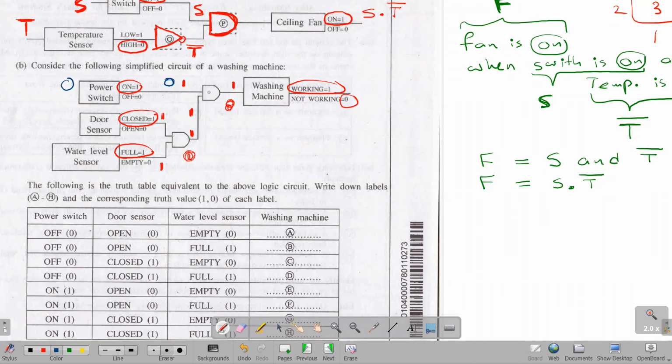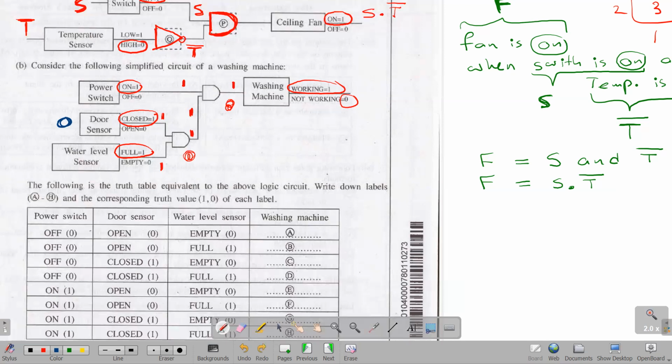So 0 goes through an AND gate means it is going to give you a 0. Right? And if the door sensor indicates 0, that means open. This is going to provide you a 0. That means this is going to be a 0, and here it's going to be a 0 again.